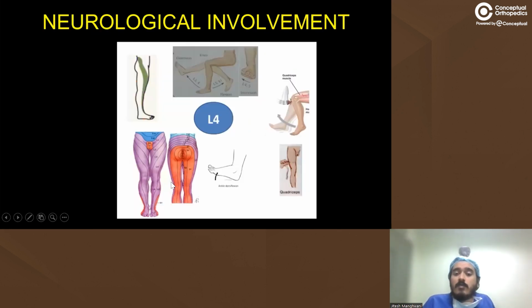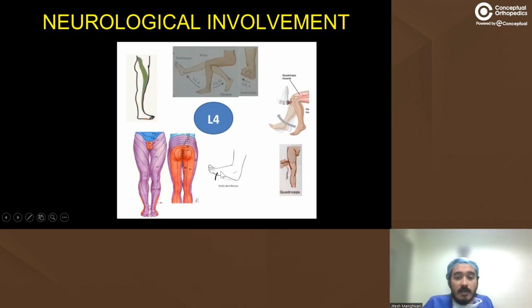So now when we talk about the neurological involvement, there are different tests you have to do. But basically what we are going to talk about here is L4, L5 and S1, because these are the main key muscles that may be involved with this compression. So L4, as we discussed, when we talk about the dermatome, where exactly the pain is going to be, it is on the anterior aspect of the shin and the medial aspect of the leg.